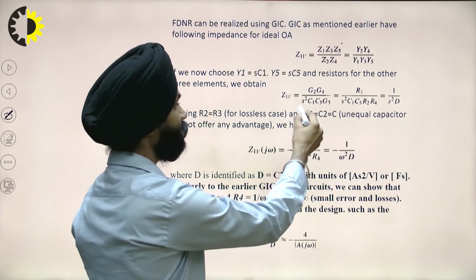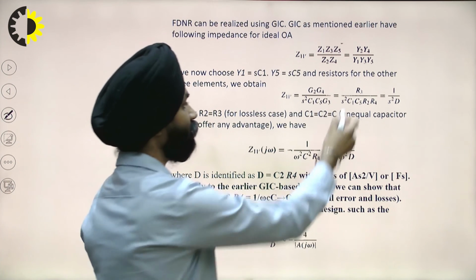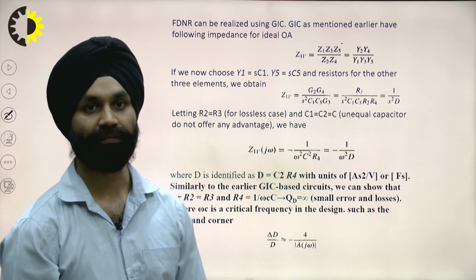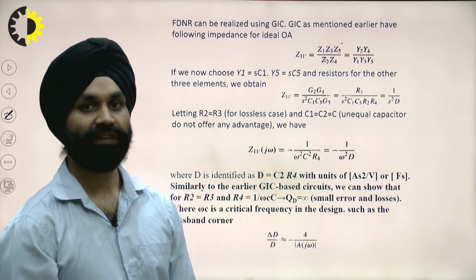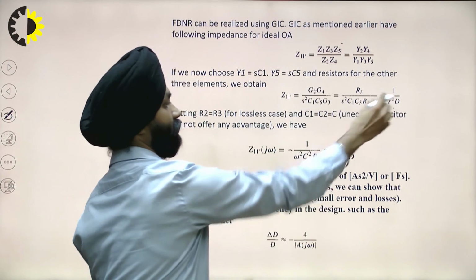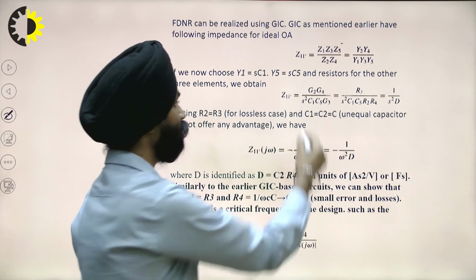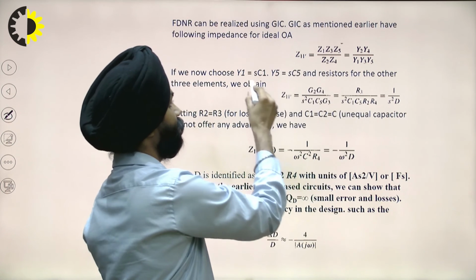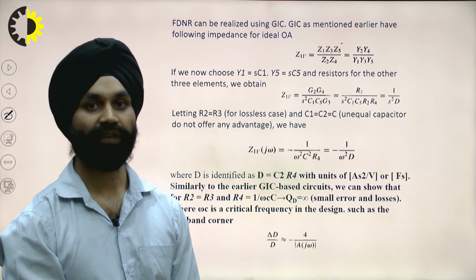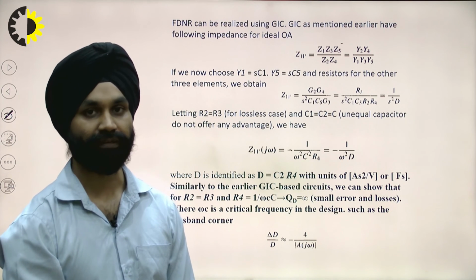Now if we see here, there is an S square term, and the rest of the term we can take as 1 by D. So we can take it as an FDNR. So this circuit with Y1 and Y5 as capacitive components will act as an FDNR.